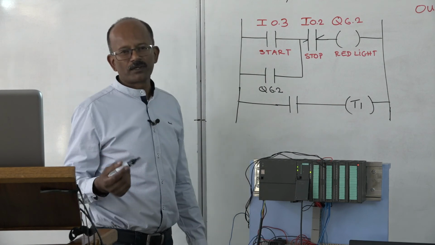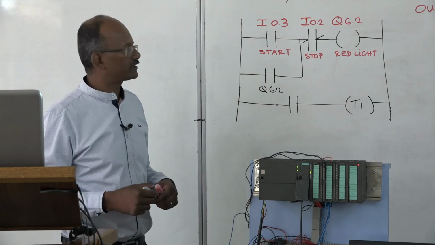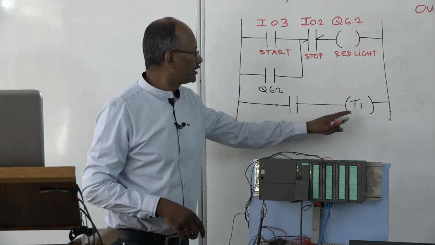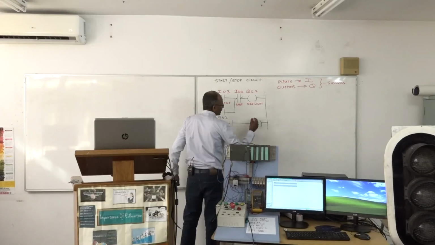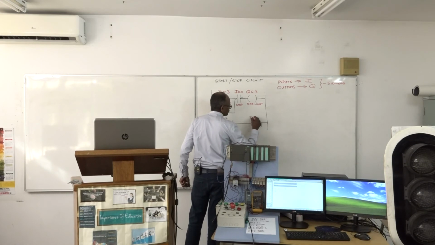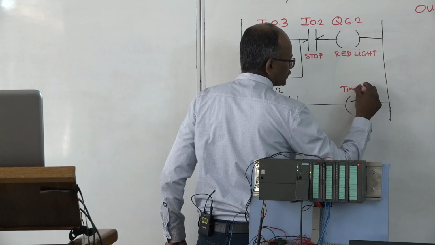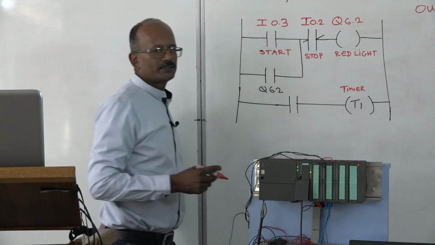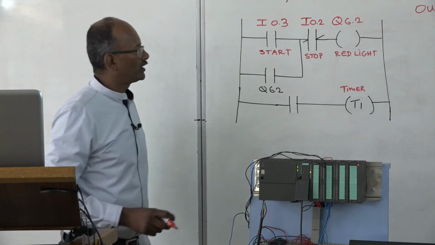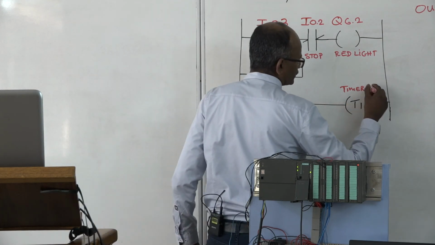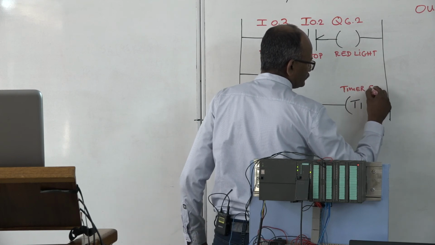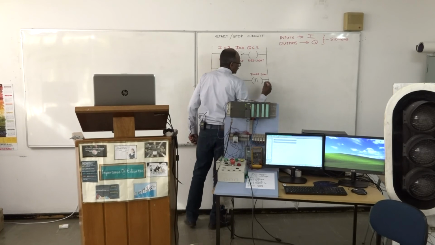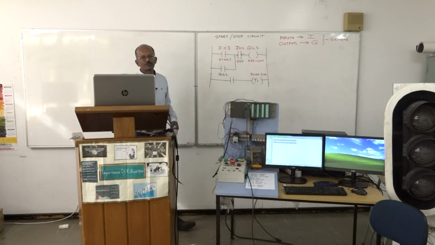In some other programs, you may have to write the word timer, etc. But for the programming, in this case, I just need to write T1. But I'm going to write a symbolic name here, timer. I said I want the red light to switch off after 10 seconds, or let's make it 5 seconds. I'm going to call it switch off after 5 seconds, timer 5 seconds.